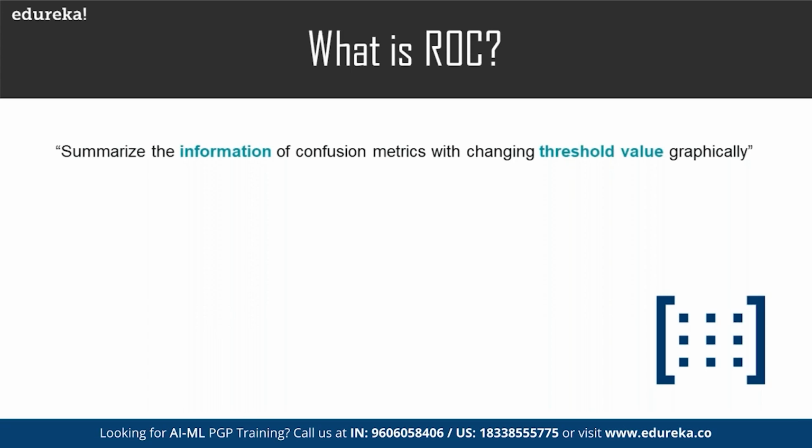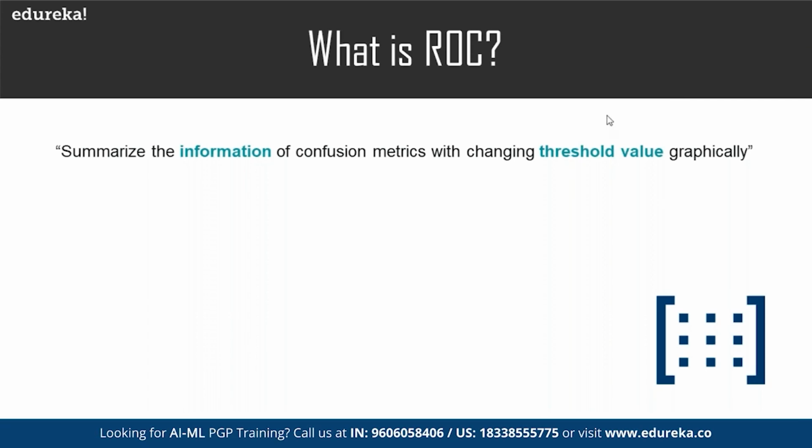It is a curve of true positive rate, TP rate in short, versus false positive rate, FP rate, that is, the ratio of true positive rate to false positive rate at different classification thresholds.